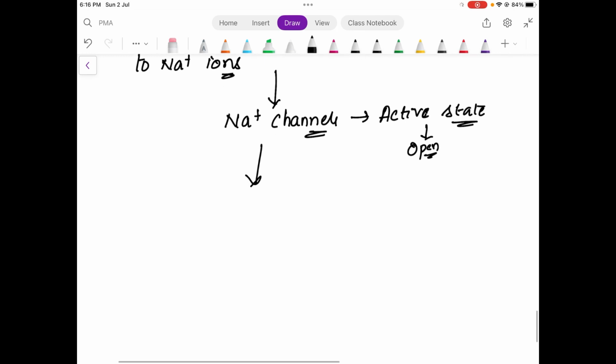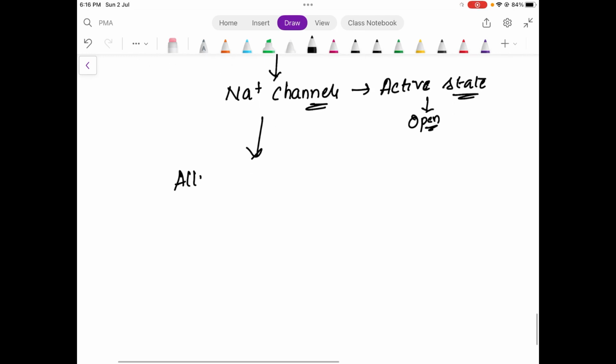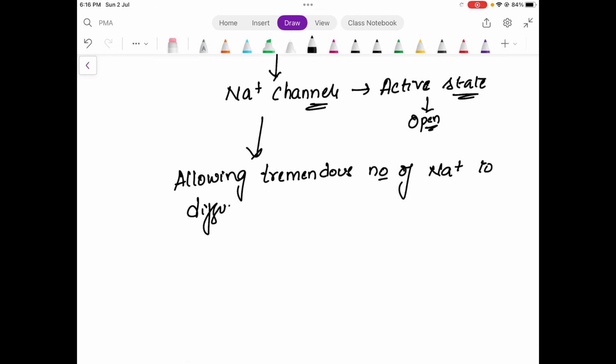There will be an opening of sodium channels allowing a tremendous number of sodium ions to diffuse to the interior of the axon.